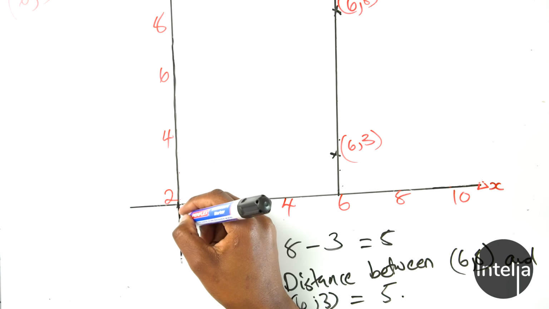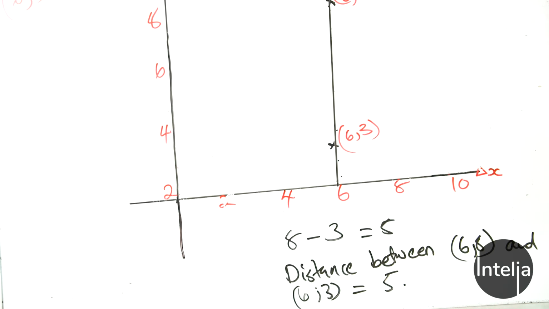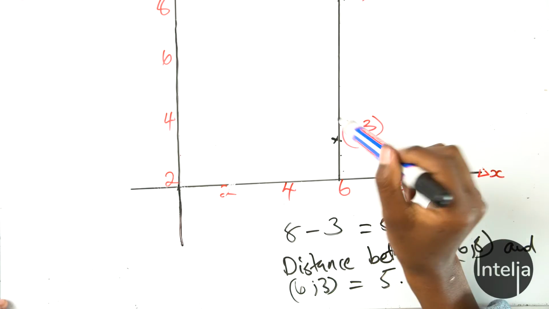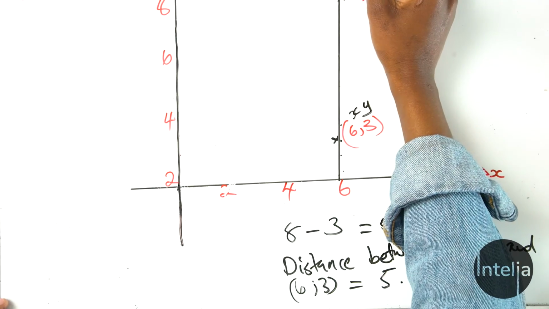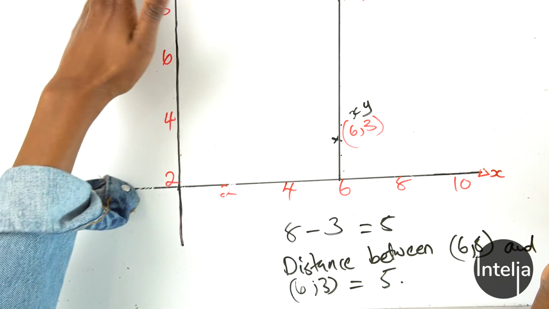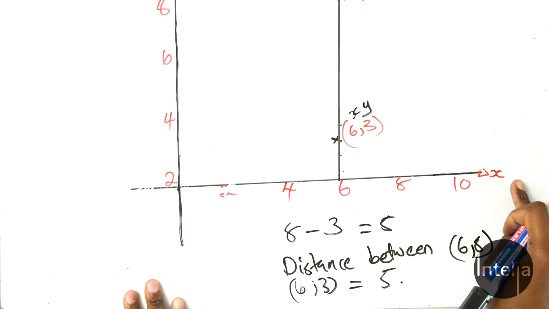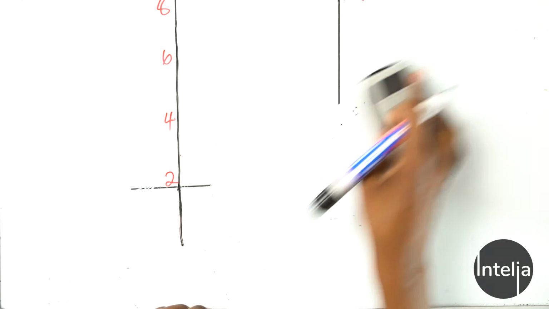You see? So whenever you're illustrating on your graph, always know which one is the x-axis and the y-axis. The y-axis, remember, is the vertical line, and the x-axis is the horizontal line. So this is how you simply find distances on a graph.